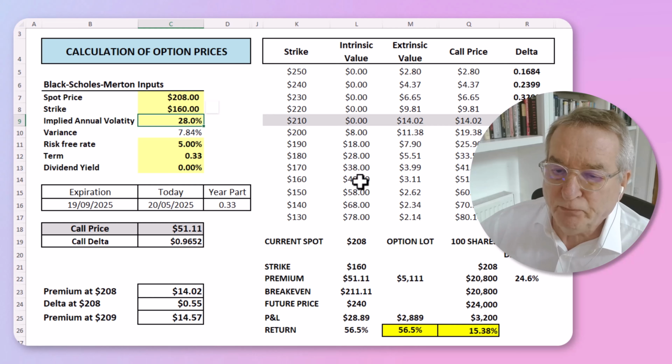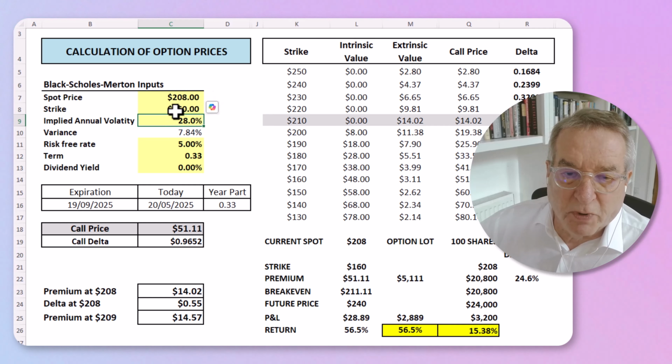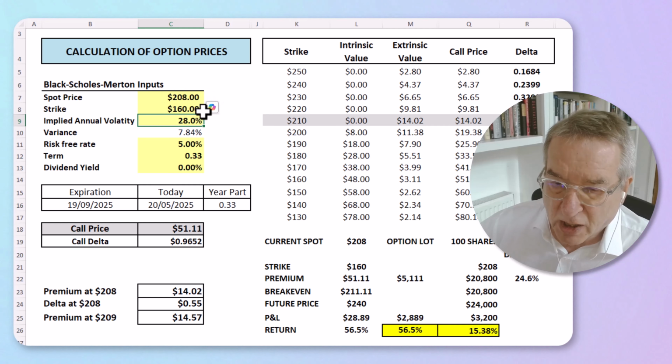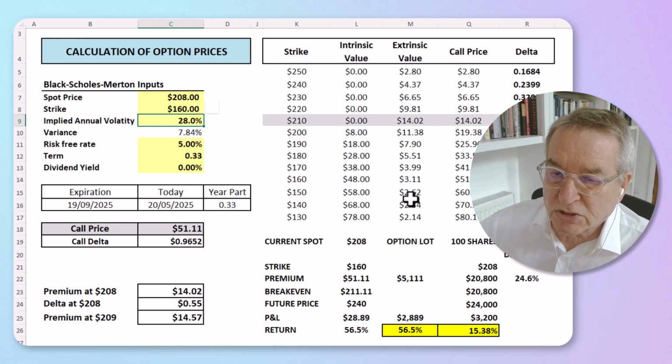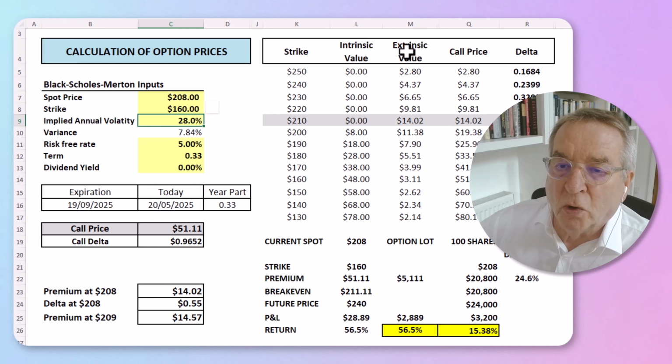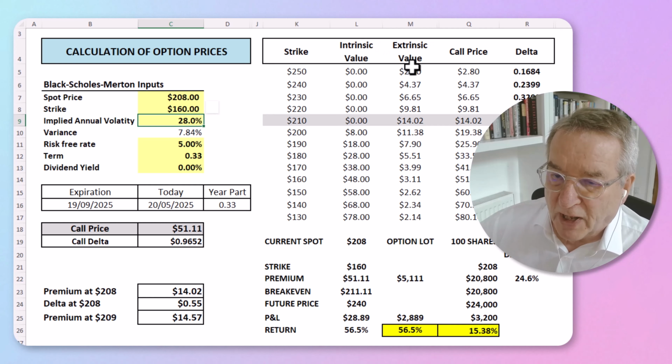In fact, there is $48 of intrinsic value, since the spot is $48 above the strike. We can also see this amount here based on this 51.11. That's the call price. And there's in fact $3.11 above the intrinsic value, which we can actually call the extrinsic value.